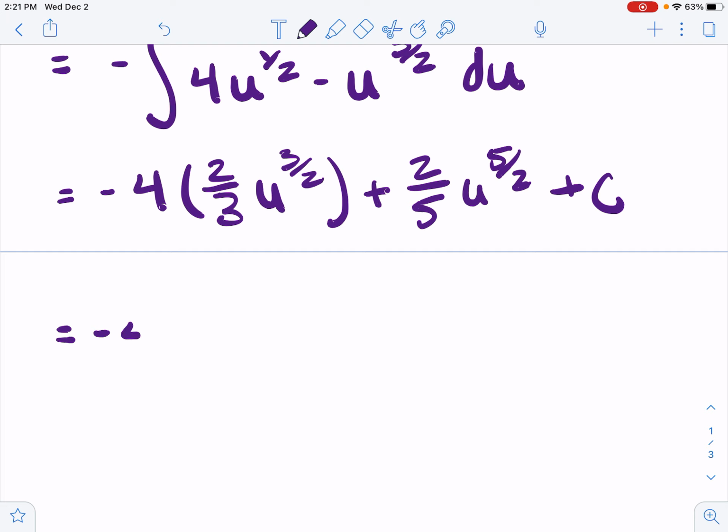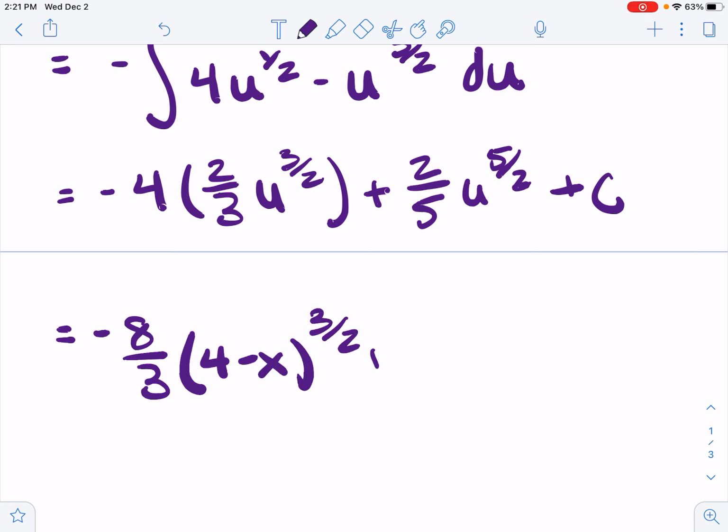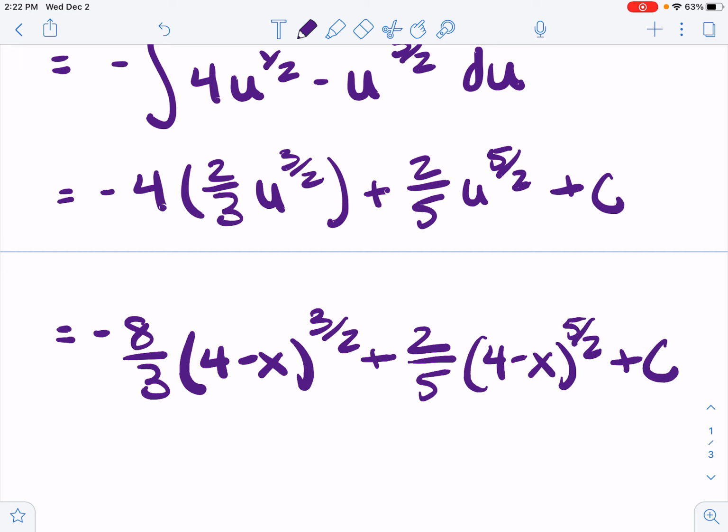So we have negative 4, well, 2/3 times that is going to be negative 8/3 times 4 minus x to the 3/2 plus 2/5 times 4 minus x to the 5/2 plus c.